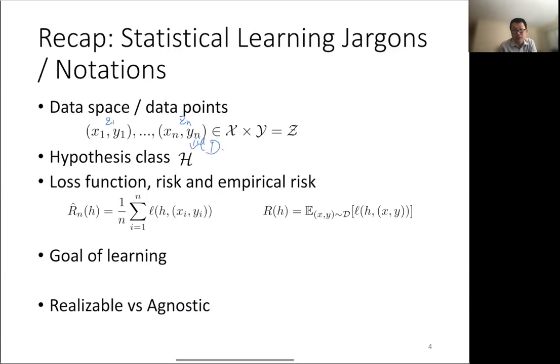Sometimes you don't have labels, as in unsupervised learning problems, and then Z is just X itself. We also have a model, which is a family of classifiers, say the family of neural networks, where each element of this hypothesis class gives us a particular neural network with a fixed parameter configuration.